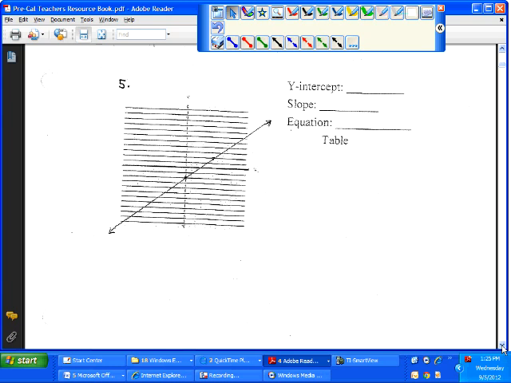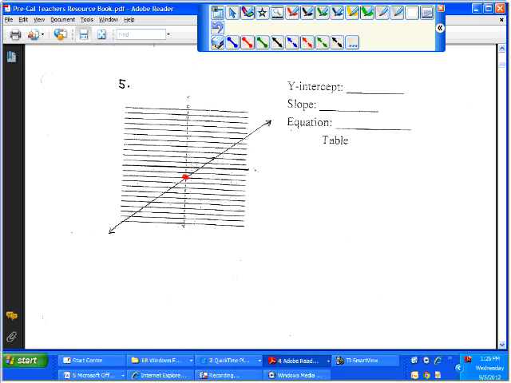You look with your eyes to find the y-intercept, which is the point where the line crosses the y-axis. Now, my origin was here, so that line actually crossed the y-axis at -2.